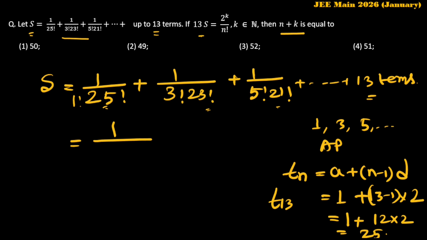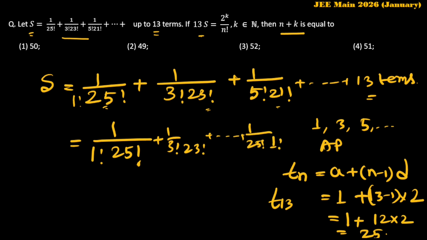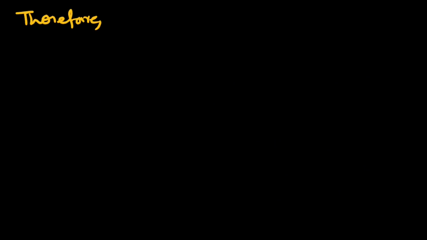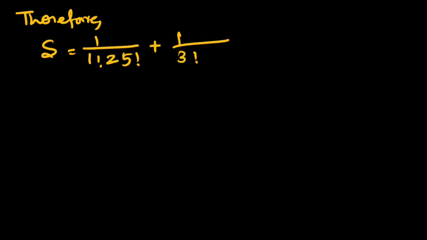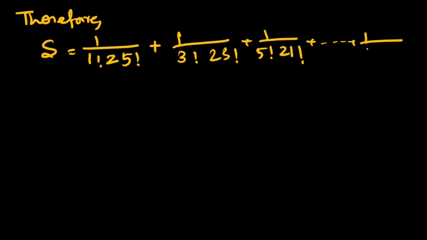So our S is actually 1 over 1 factorial 25 factorial, 3 factorial 23 factorial, 1 over 5 factorial 21 factorial, up to 25 factorial into 1 factorial.